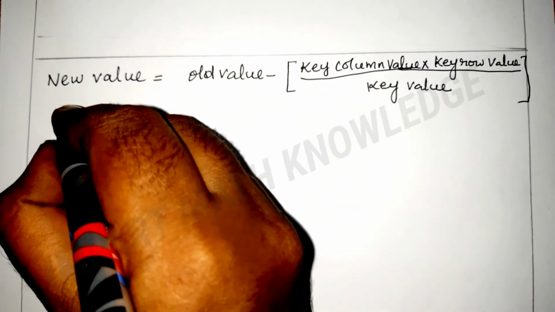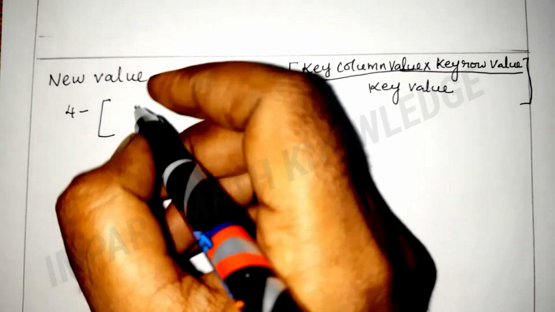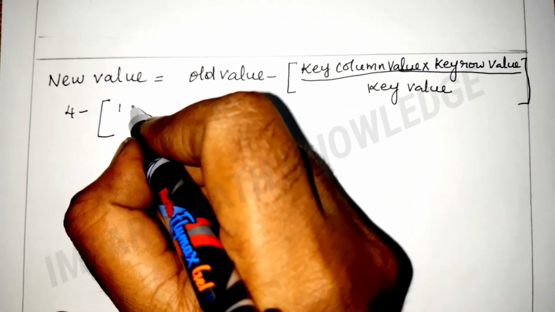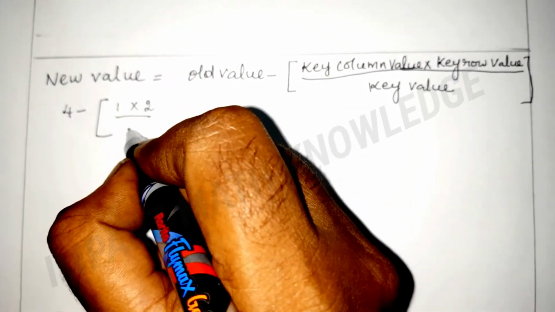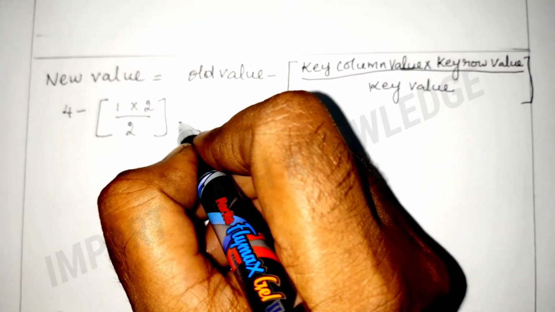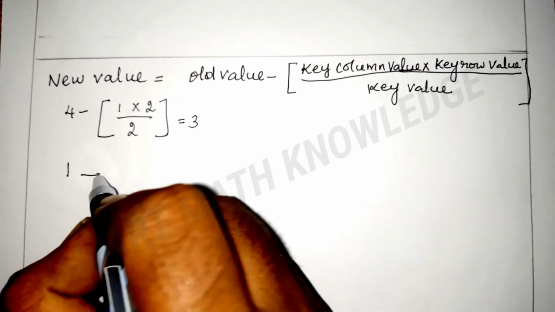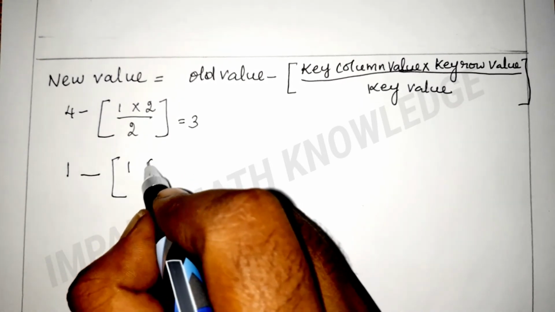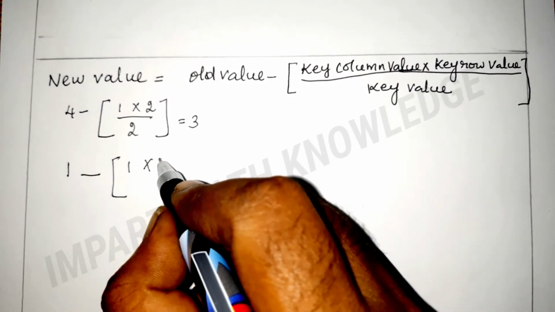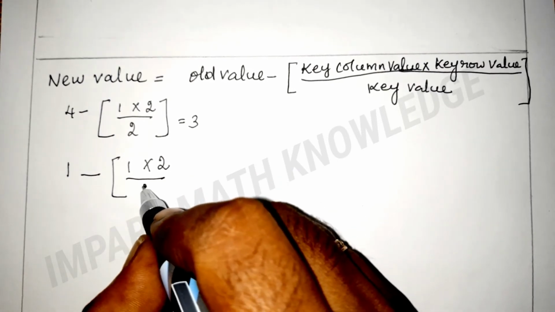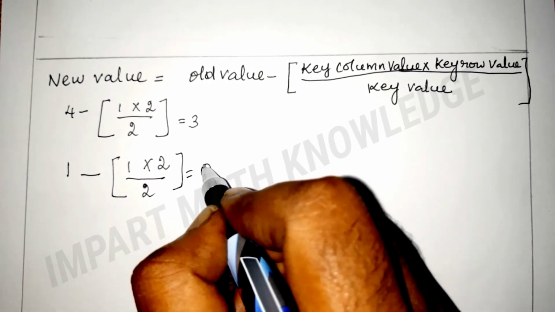Old value is 4 minus key column value into key row value divided by key value. So the value is 3. The second value is old value minus key column value into key row value divided by key value, that is 0.